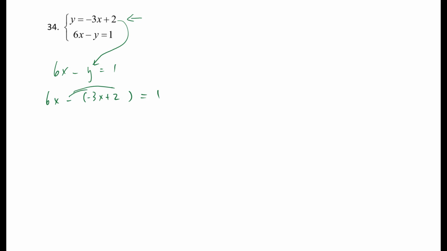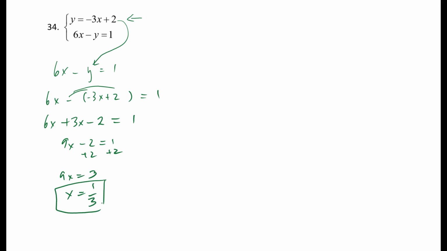Remember that negative sign has to distribute. 6x plus 3x minus 2 equals 1. Combine the x's to get 9x minus 2 equals 1. Add 2 to both sides to get 9x equals 3. x equals 1/3.